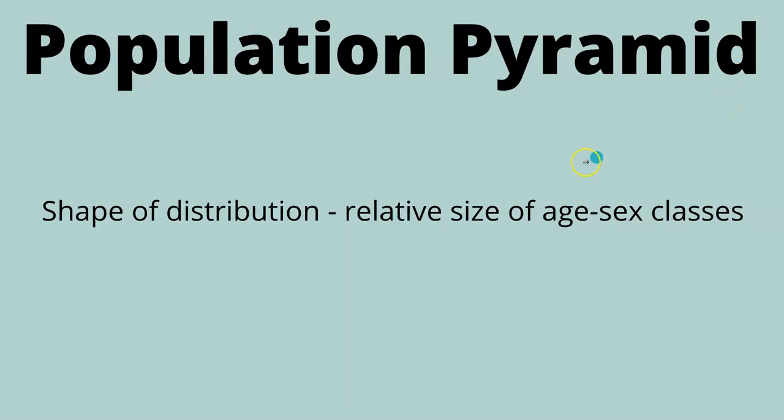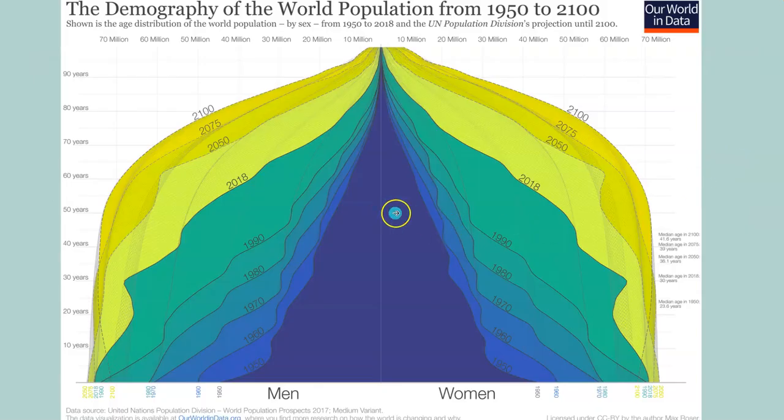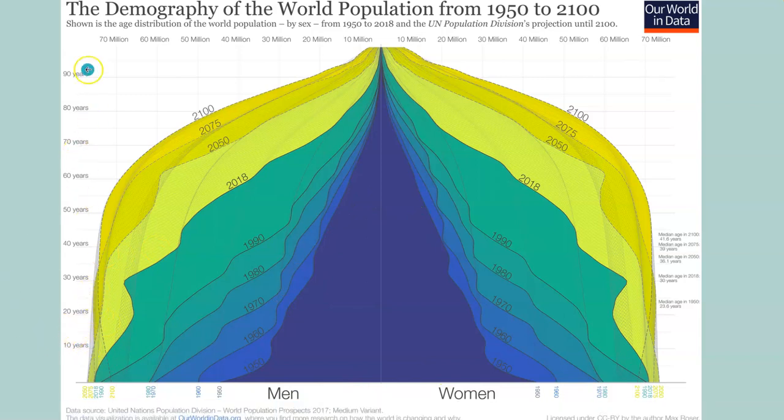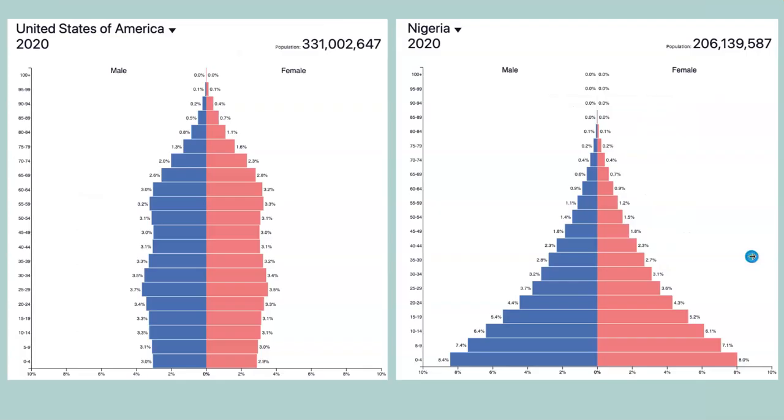So the population pyramid also visualizes the proportion of the age group by gender. For example, as I showed you at the beginning of the lecture, this is divided into male and female, and based on age, at every 10-year interval, we can see the proportion of the groups by year.